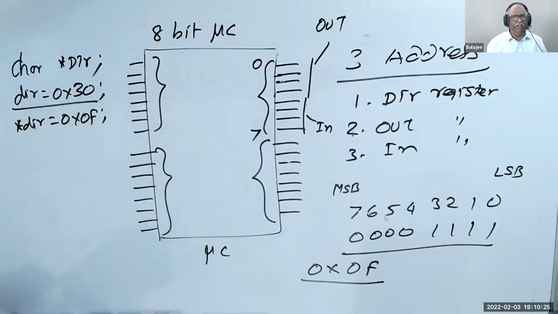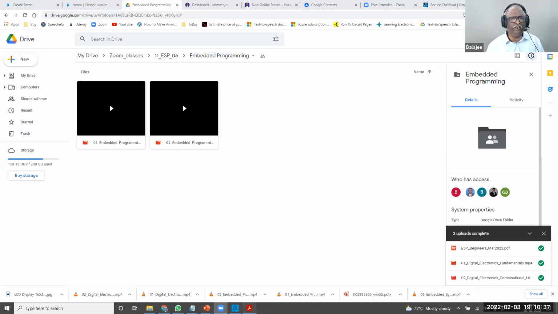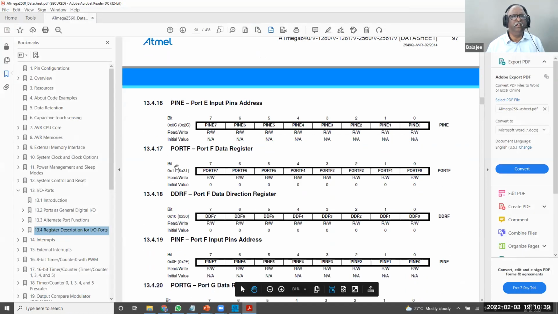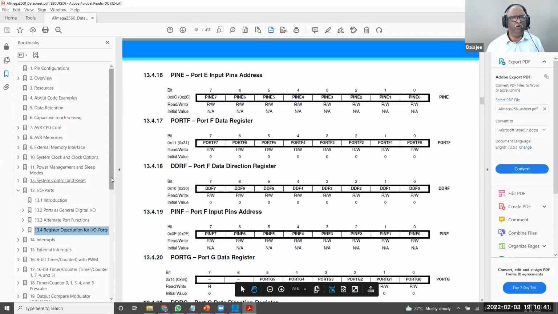Please understand. If you want, I can share that thing once again. That is very important for us to understand. I've shared the data sheet for you that day. I've shown a data sheet, see here, the pins are having... this is one of the data sheets, called Atmega 2560, because we are using that Atmega controller on the board to display.